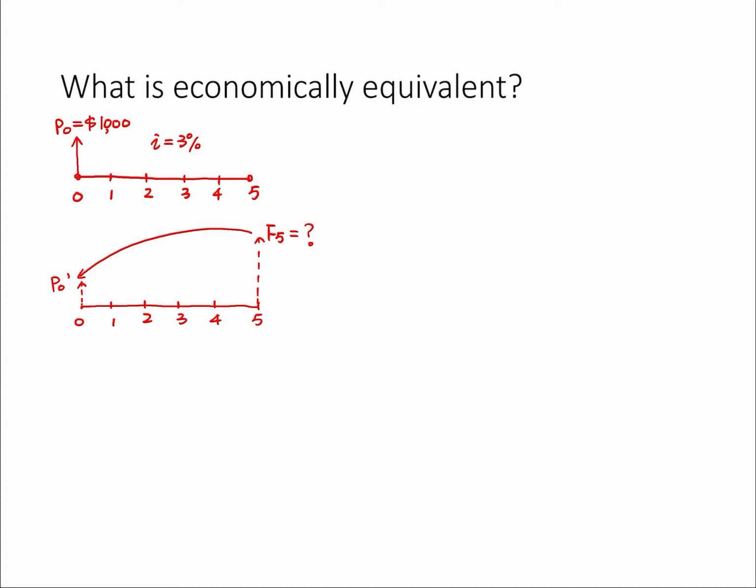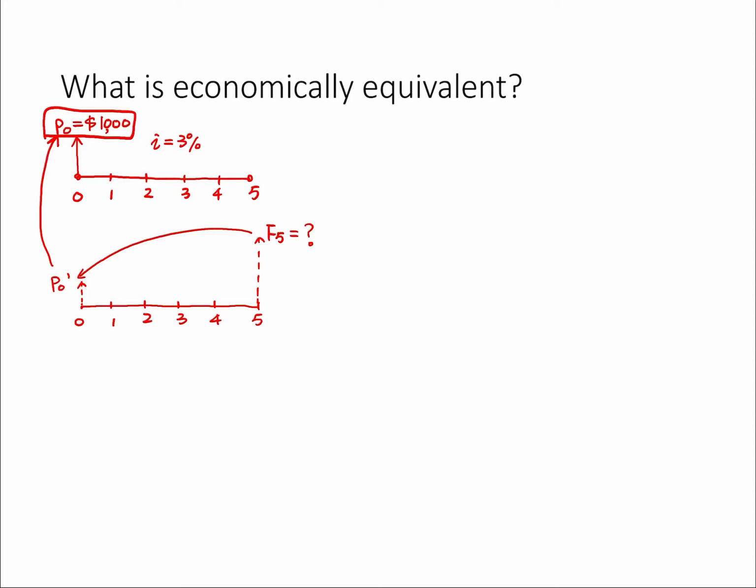And if that P0 prime is the same as P0, 1,000, then we can say the F5, no matter what amount it could be, that amount is the future equivalent of the present amount 1,000. This is what we mean by economically equivalent.